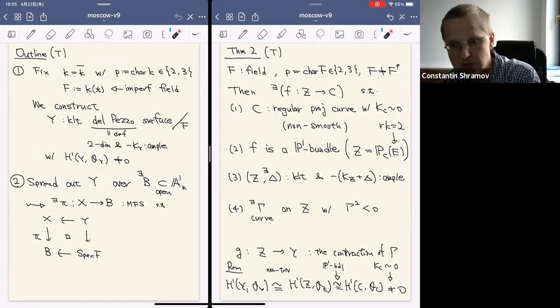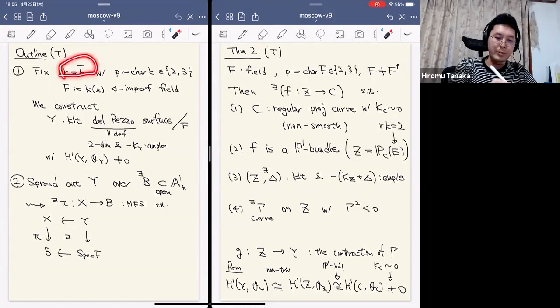It seems to me that there is a little gap between this example and theorem 1. To use theorem 1 for this example, you need your surface Y to be over F, not over K. Yes. First we fix an algebraically closed field and we take an imperfect field. Over that we take Y.